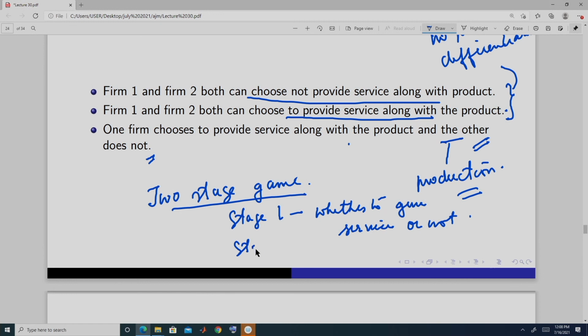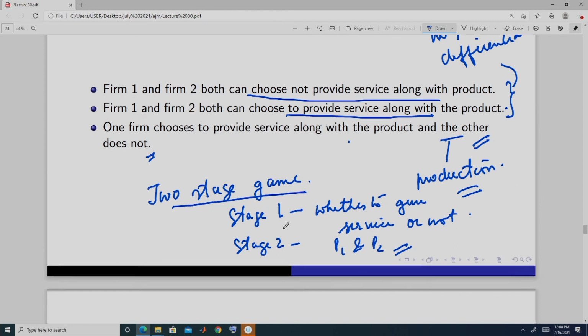And in stage 2, it decides P1 and P2. So, we will consider it using subgame perfect equilibrium.